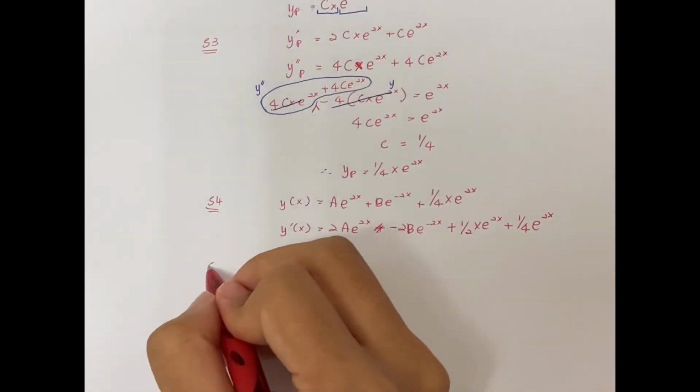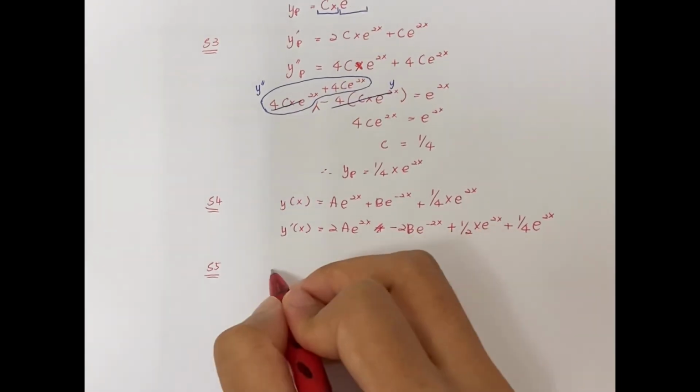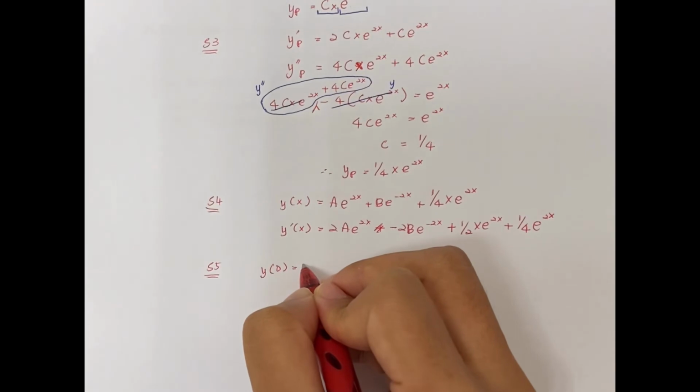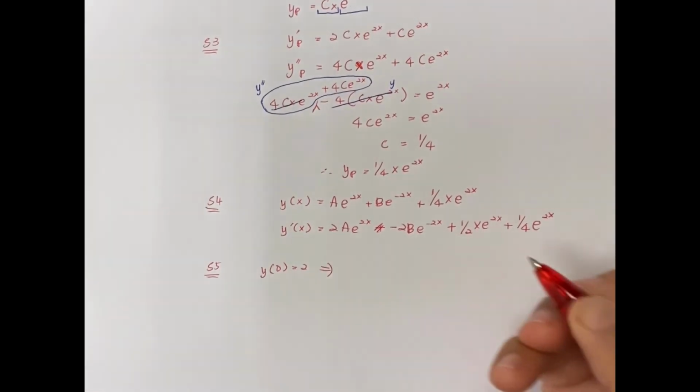And then substitute your initial conditions. y(0) equal to 2.